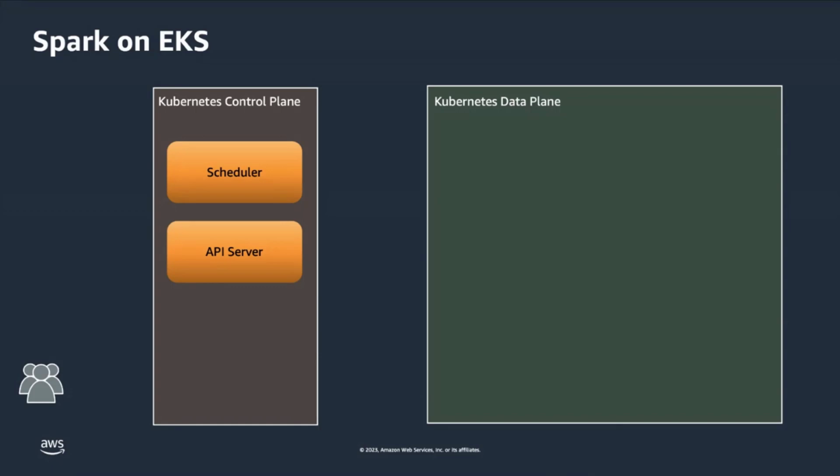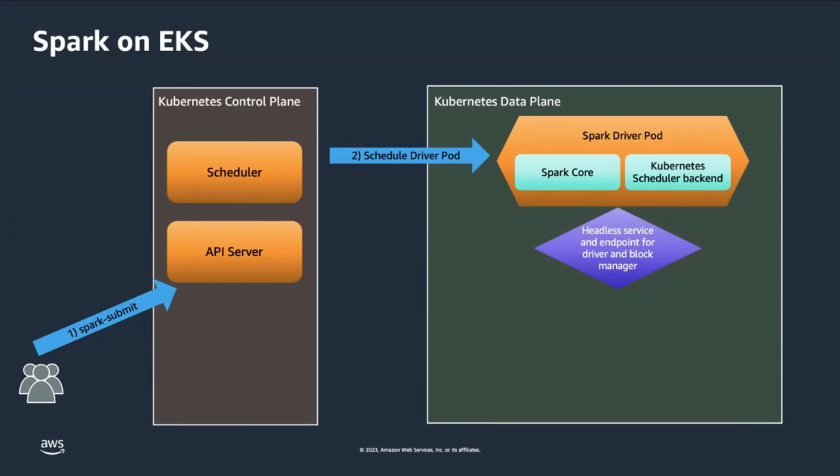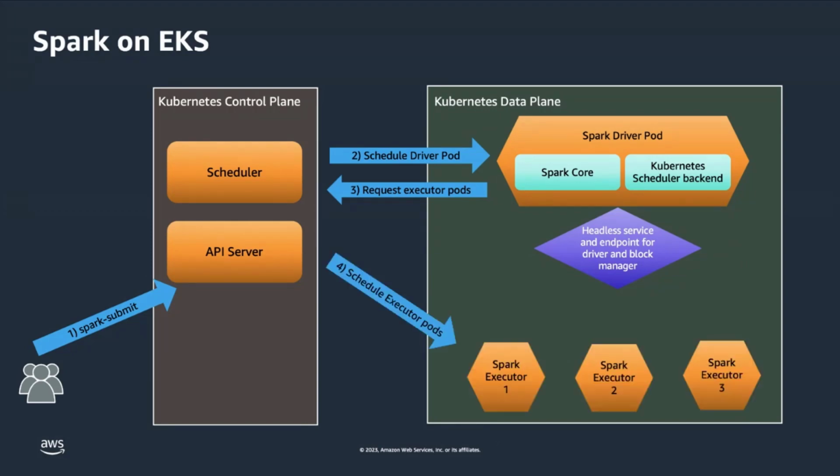So how does Spark on EKS, how does Spark on Kubernetes look? Well, in a traditional format, it's just Spark submit that's submitted to the Kubernetes control plane, and at that point it kicks over to schedule a driver pod, then request executor pods, and the executor pods are scheduled.